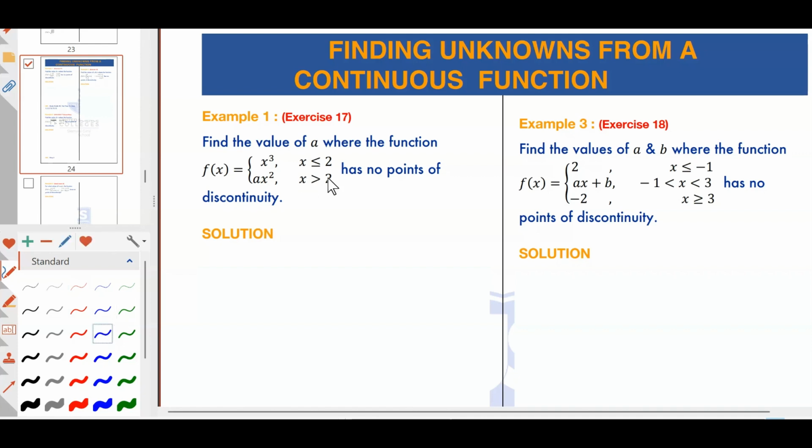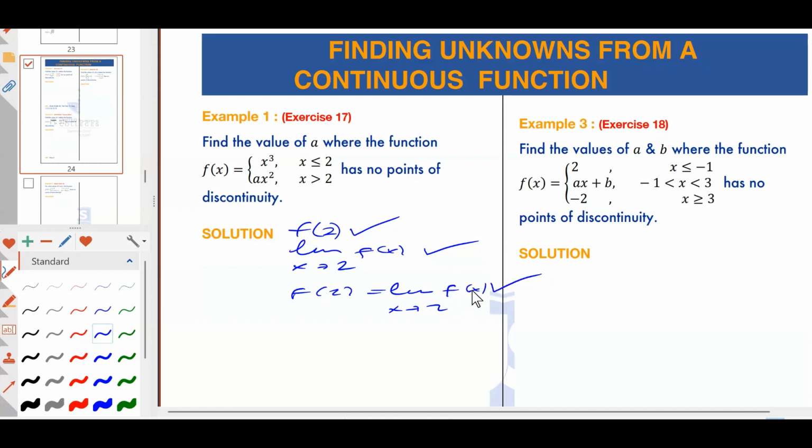We learn that if a piecewise function is continuous, then the function is defined at the given point, the limit exists at the given point, and the value of the function is equal to the value of the limit, right? If these three conditions are all satisfied, then the function is continuous. The question already tells us that the function is continuous, so all three conditions are met.